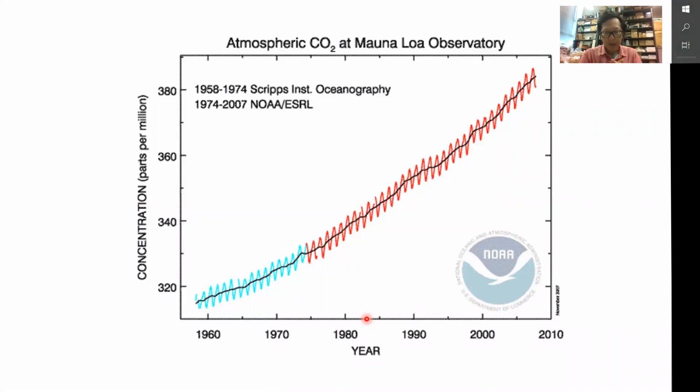And this scientist named Ralph Keeling, back in the 1960s, had developed a method for precisely measuring the CO2 concentration in the atmosphere. It was a very difficult thing to do at the time, to get it precise. And he decided he would do this in Mauna Loa in Hawaii, because if you try to do that in Houston, you're going to have perturbations from car exhausts and all of that.